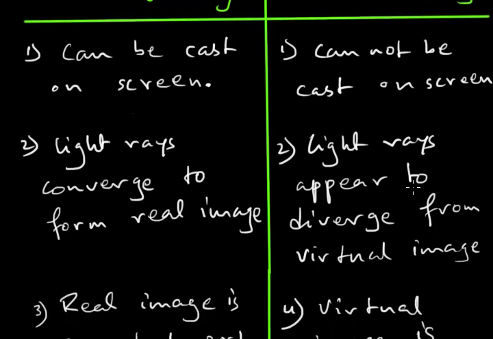The light rays in case of real image converge at the point of image formation, but in case of virtual image, the light rays appear to diverge from the virtual image. That happens in the case of P prime point, and the observer feels that the light rays are diverging from the P prime point, not from the P point, which happens in case of virtual image.